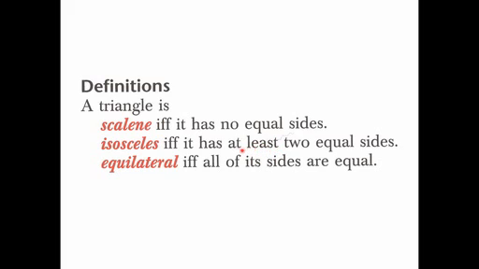At least two equal sides. With that wording, could it have three equal sides? A triangle is equilateral if and only if all of its sides are equal. So no equal sides, at least two, and all. These, of course, are used to name triangles according to the length of their sides.